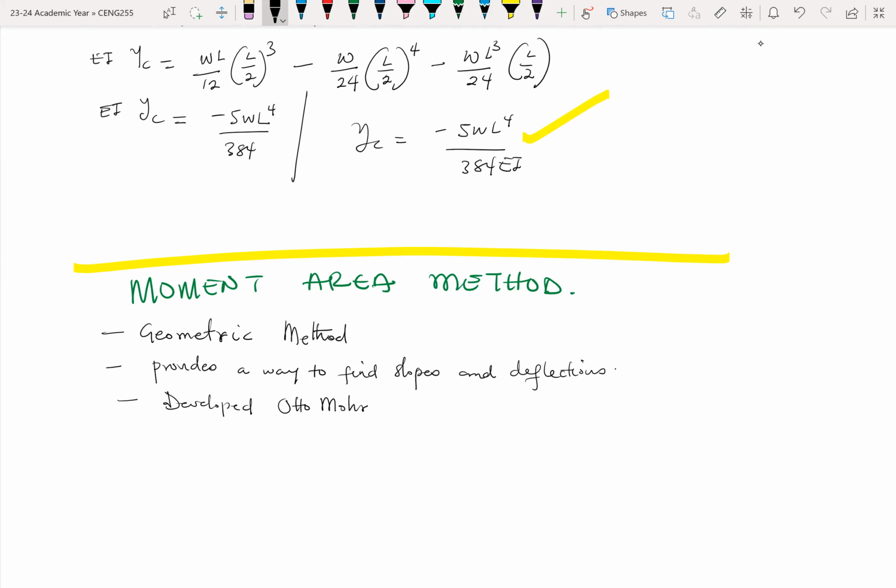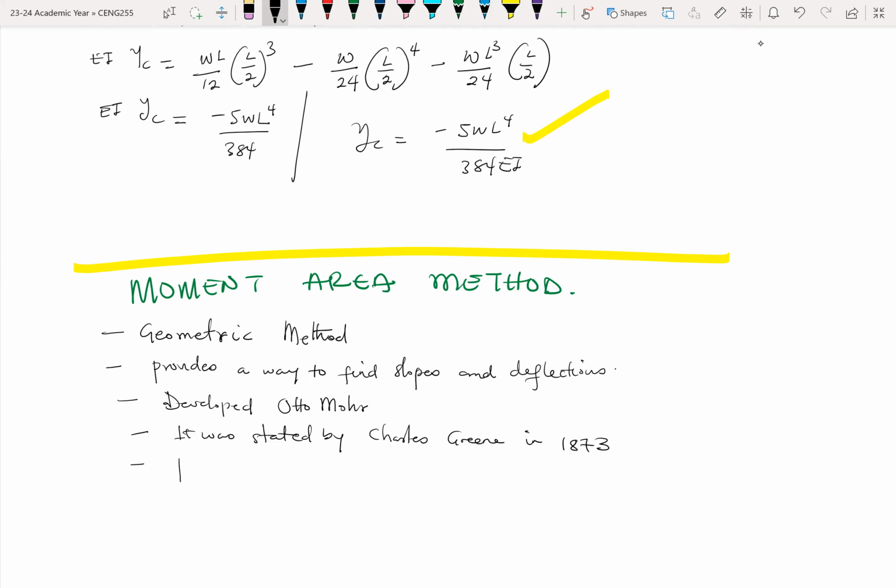It was developed by Otto Mohr, and then it was brought into prominence by Charles Greene in 1873, and this was formulated as an easier or more simplified approach to solving slopes and then deflections, right?